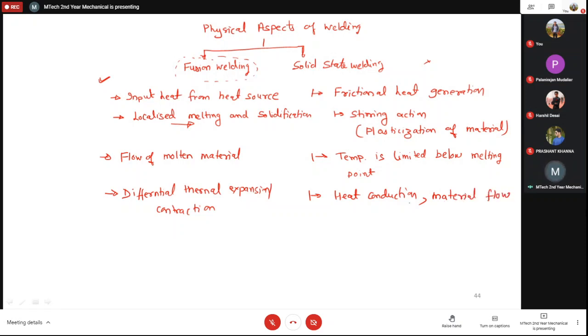So due to this material flow, we have the heat conduction, which can cause the expansion and contraction. Due to this expansion and contraction, we have already studied that the generation of stresses will take place. So we'll have the residual stresses here, and due to the solidification, we'll have the structural changes.